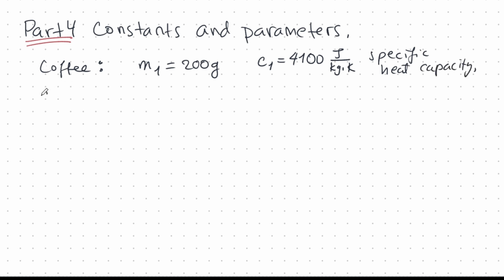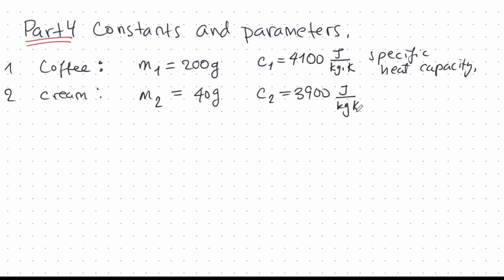And for the cream, let's take some reasonable values, m2. So subscript 1 will be the coffee and subscript 2 will be the cream. I'll take 40 grams of cream, and specific heat capacity will be, let's say, a little less. I saw some figure in a book somewhere.